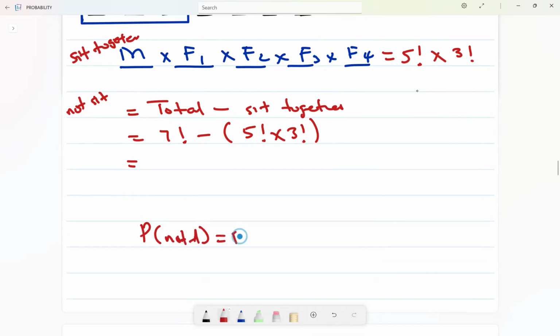It is 1 minus probability of A. So now we are wanting the not, so it's going to be the total minus the happening. I get something like 4320.